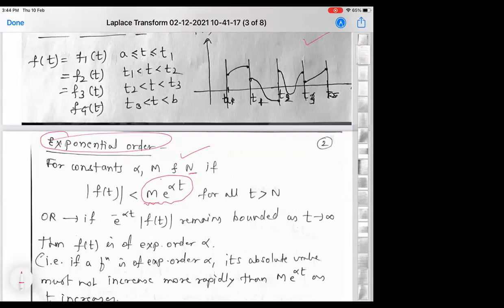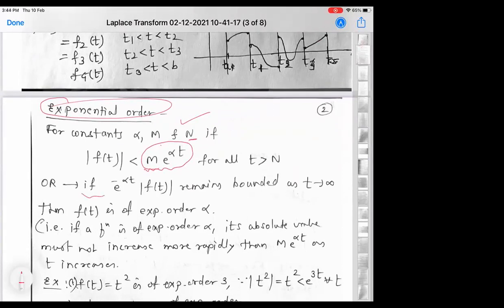Or the definition is given like this: if e raised to minus alpha t into f of t remains bounded. If you shift this here, you get e raised to minus alpha t mod f of t less than m, where m is some number. The term e raised to minus alpha t into mod f of t remains bounded as t tends to infinity, because e raised to minus infinity gives 0.